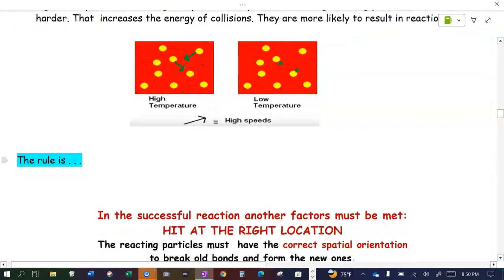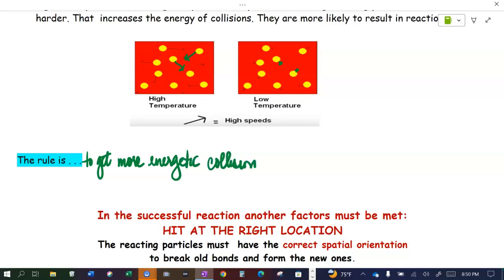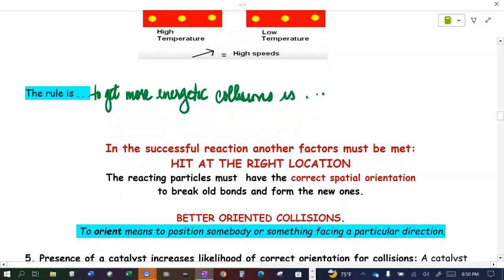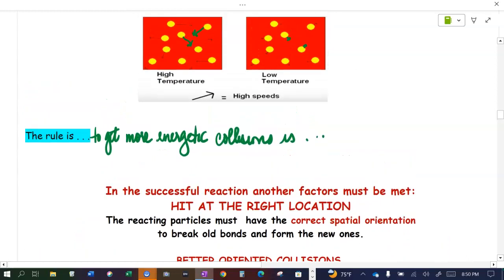So the rule to get more energetic collisions is, all right, let's paraphrase what we just talked about.